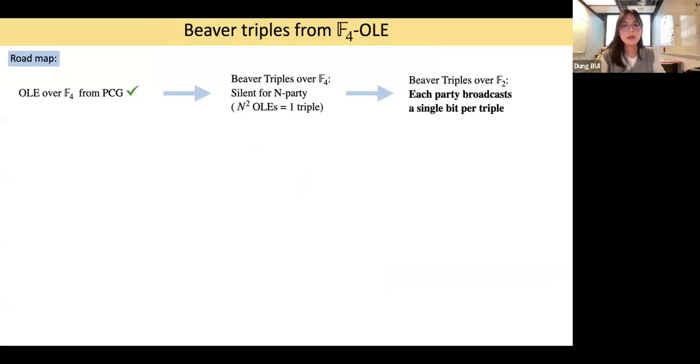So I will skip this step, but with paper and pen you can see that you can get the pivot triple without paying any cost over the F4. But we really want to get the pivot triple over F2, so we need some more steps to get the pivot triple over F2. And the cost here is that each party broadcasts a single bit per triple.